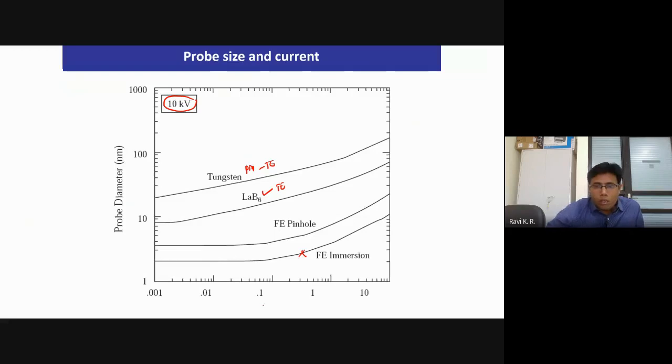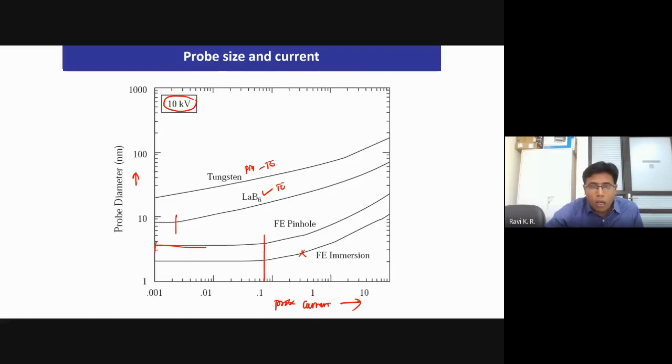So this is your probe current, and this is your probe diameter. What we would like is to work somewhere in this region.